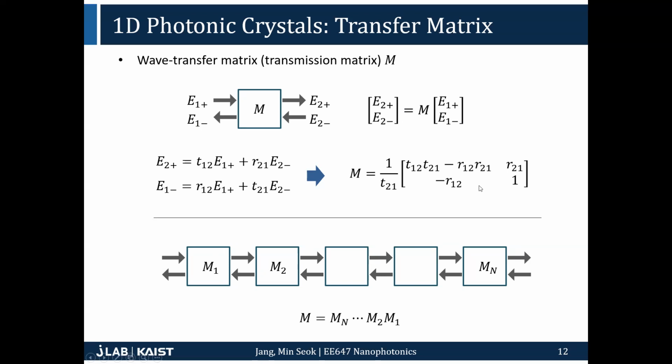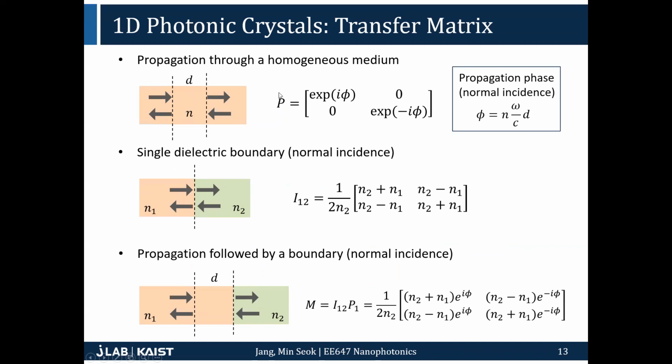And then we can easily get the transfer matrix equation. If we have multiple layers or multiple optical components placed in series, we can simply multiply the transfer matrices to get the response of the entire thing. So we applied this to our alternating layers of dielectric materials. We began with the propagation matrix, which just gives you a phase advance: a phase along the positive direction and a phase along the negative direction.